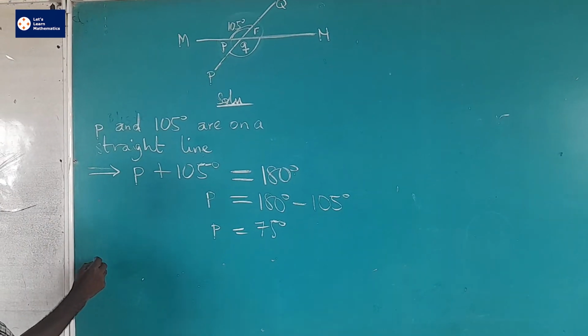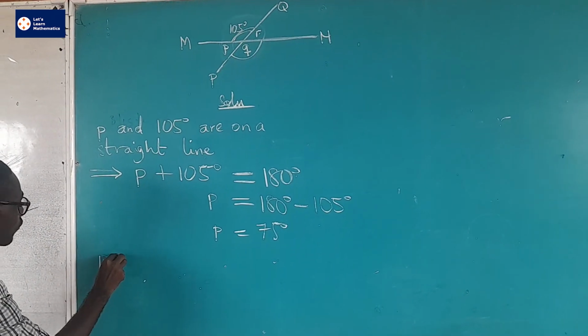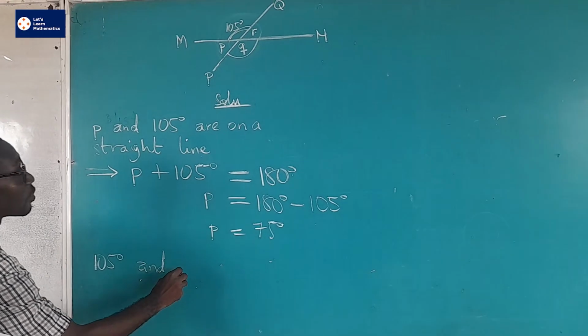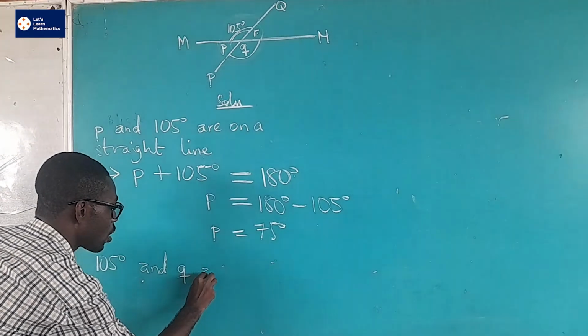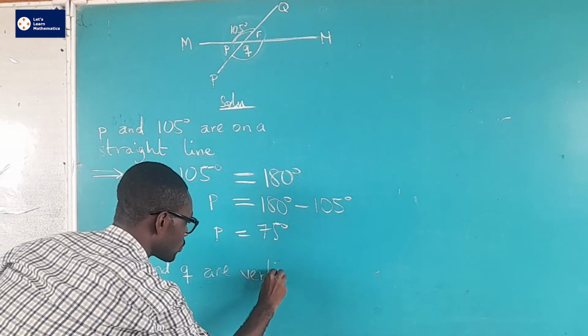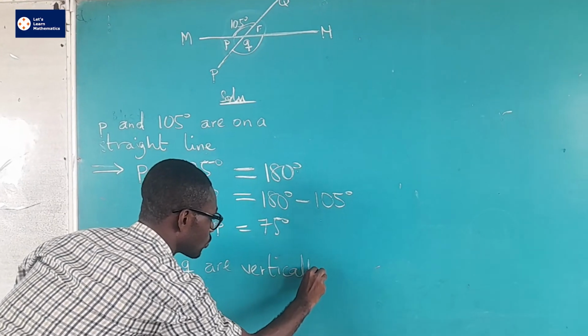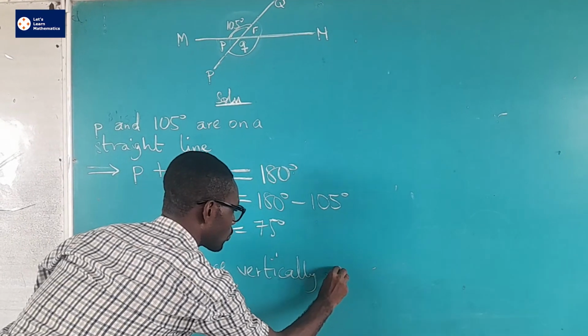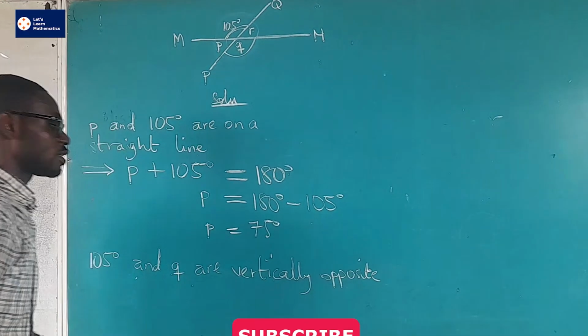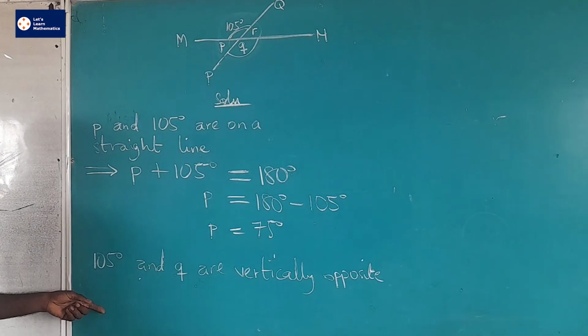So we can say that 105 degrees and Q are vertically opposite. And we know that vertically opposite angles are equal.